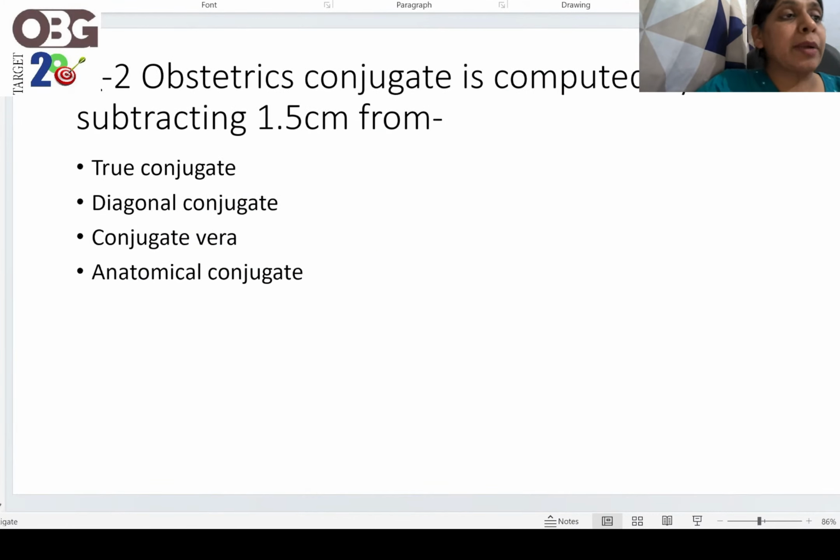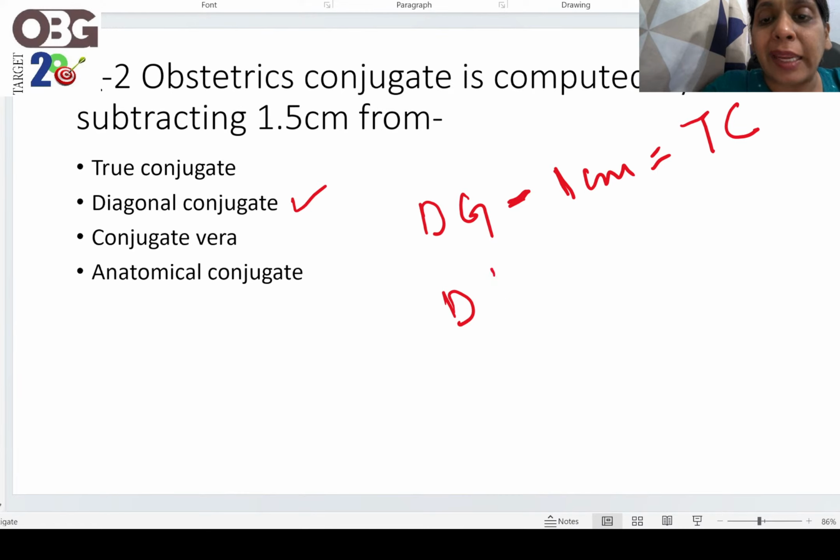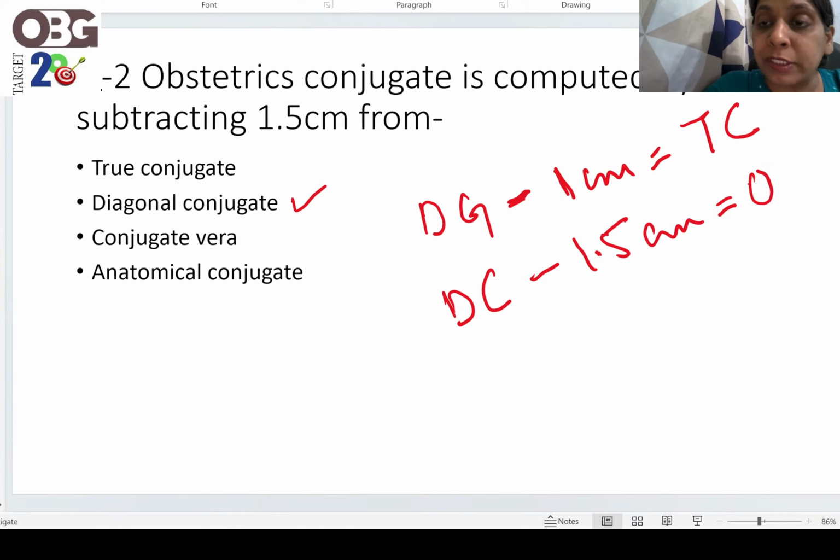Obstetric conjugate is computed by subtracting 1.5 centimeter from the diagonal conjugate. We measure the diagonal conjugate clinically, and if we subtract 1 centimeter, it is the true conjugate. If we subtract 1.5 from the diagonal conjugate, it is the obstetric conjugate.